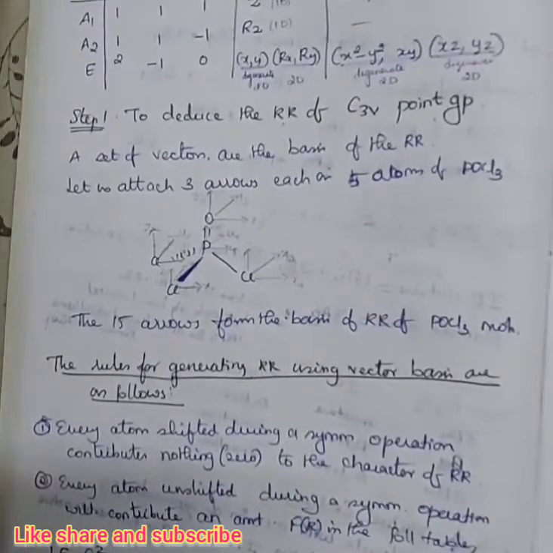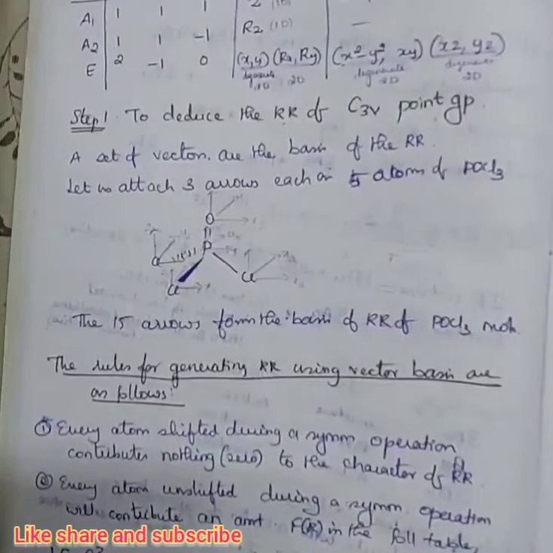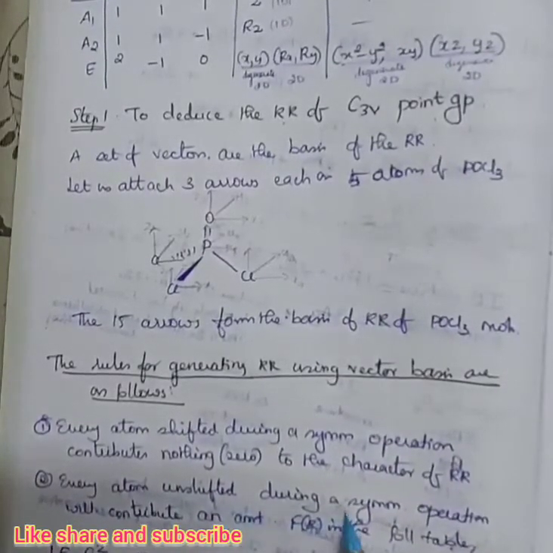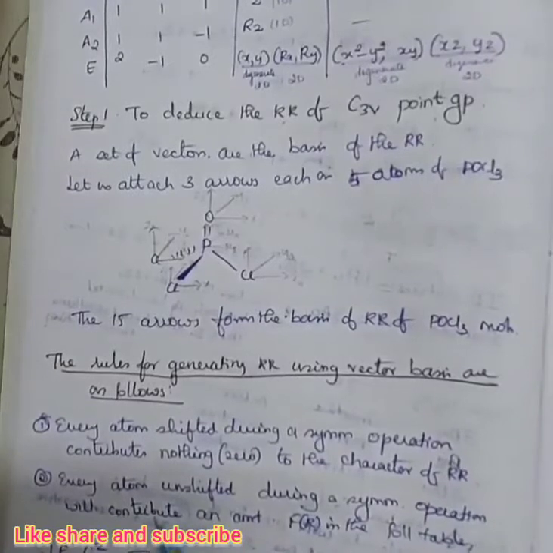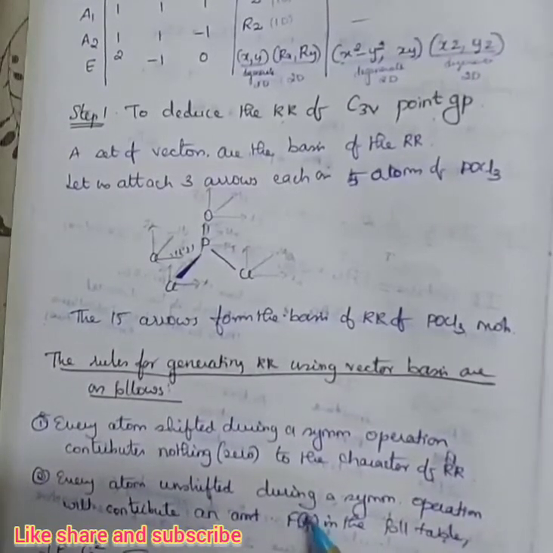To deduce the reducible representation, there are two main rules as I discussed in the previous section. The first rule is that whenever an operation is acted on a particular molecule, if the atom is shifted, it contributes nothing, that is 0, to the character of the reducible representation. And if any atom is unshifted during the symmetry operation, then it will contribute an amount to the reducible representation.